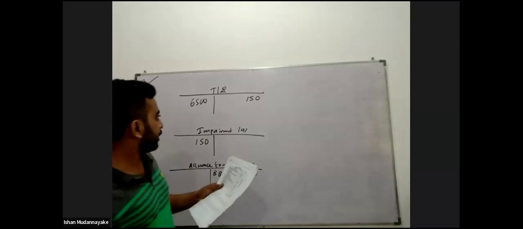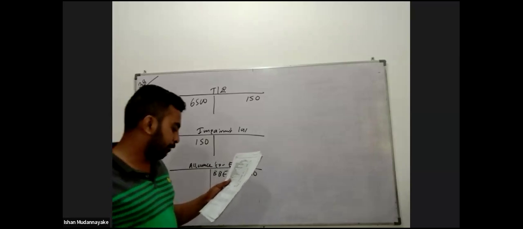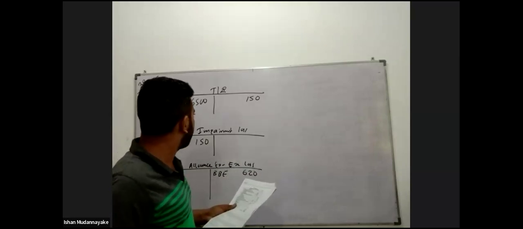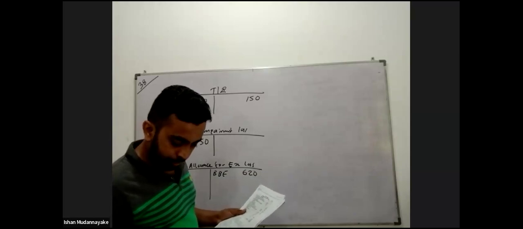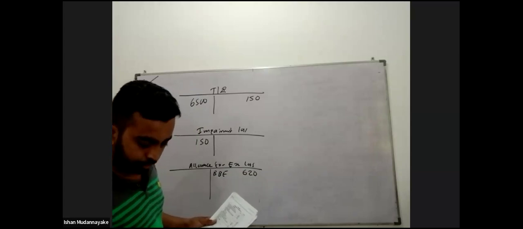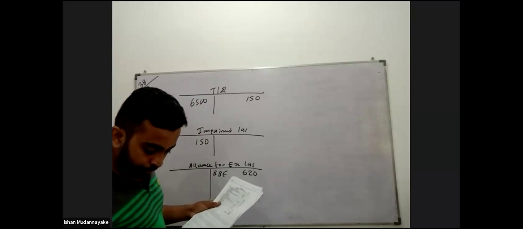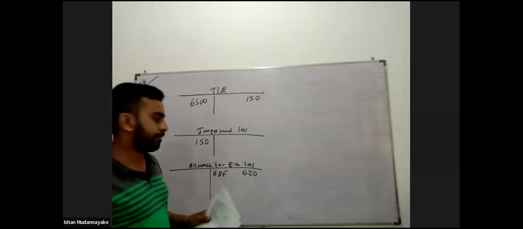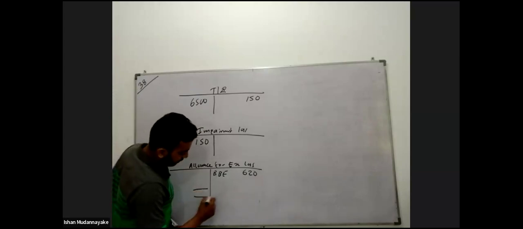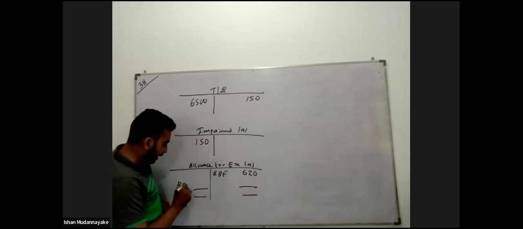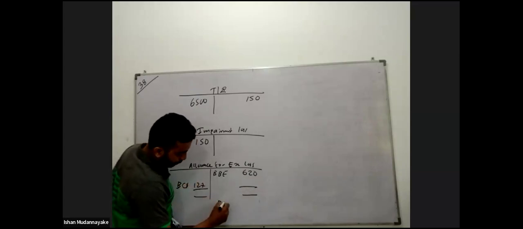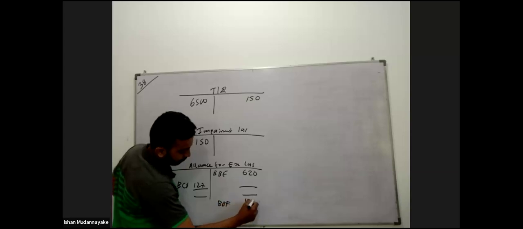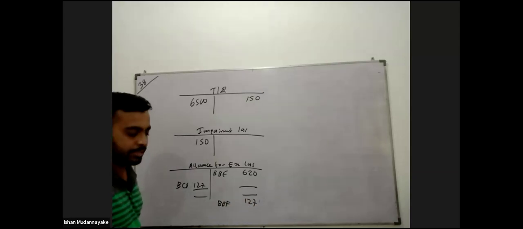Based on the remaining receivable balance, you need to make a provision of 2%. Remaining receivable balance how much? 6,500 minus 150, 6,350. 6,350 into 2% is 127. Closing balance 127. Balance carried down 127, balance brought forward 127.